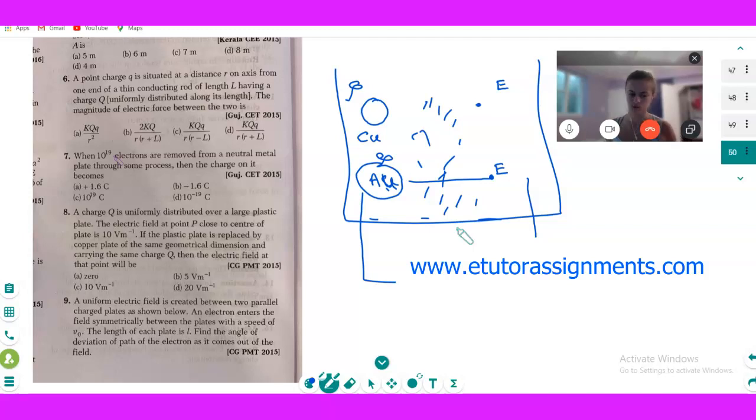Because you told dipole. Dipole is nothing here. See, listen. Just 1 second. See, dipole moment. Suppose this is a positive charge, this is a negative charge. It becomes a dipole moment. Dipole means opposite charges with equal value.